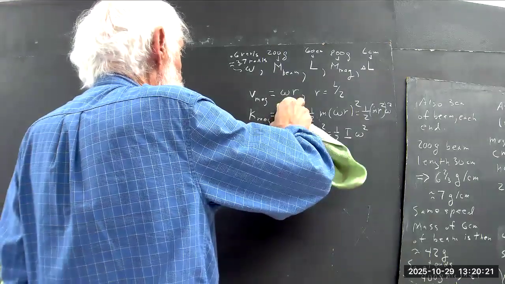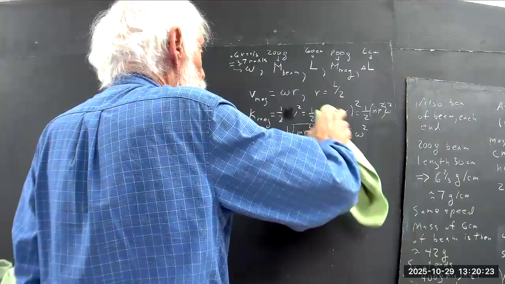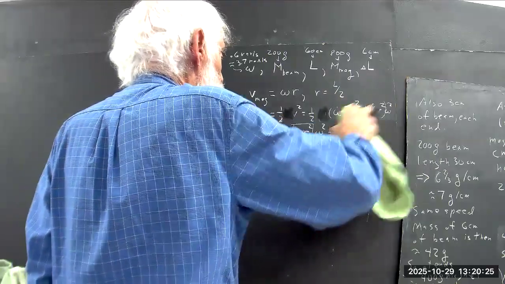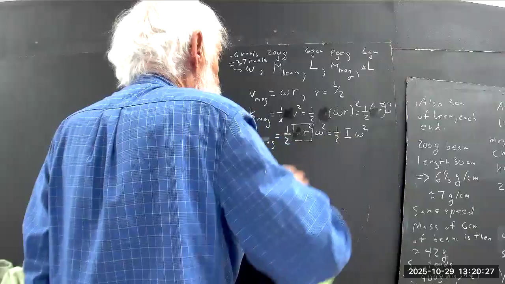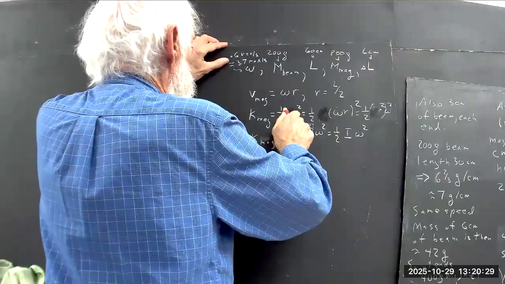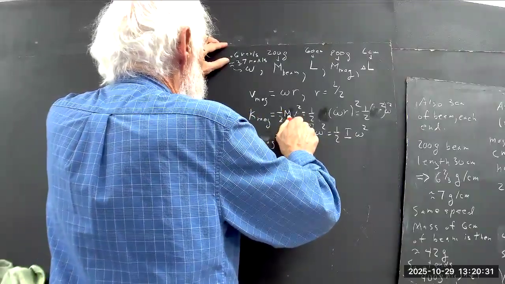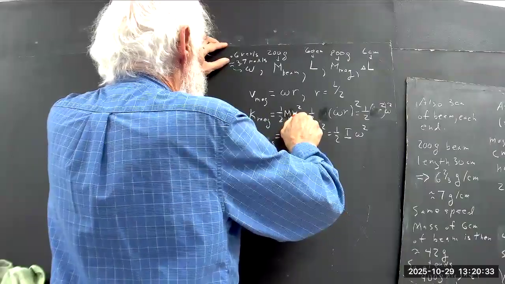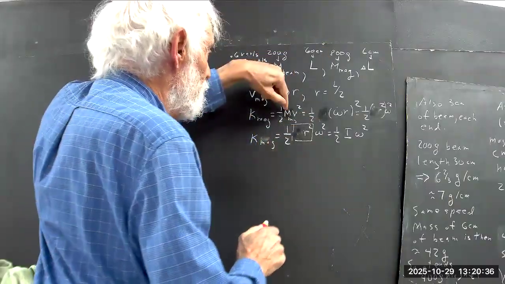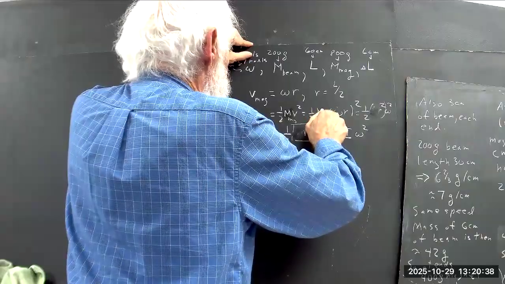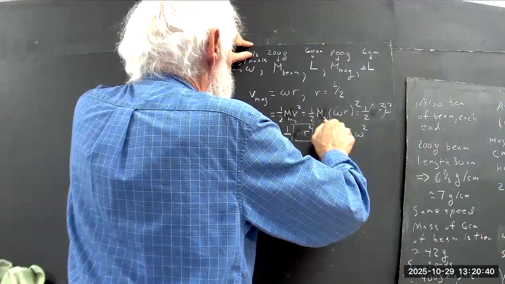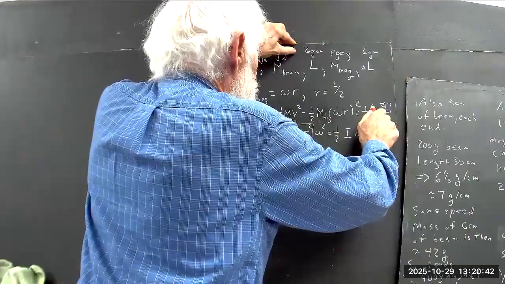So let me replace that. I really wanted to have a little m in this expression, but I'll put it in next. So I'm using M mag here, which is the mass of all the magnets.